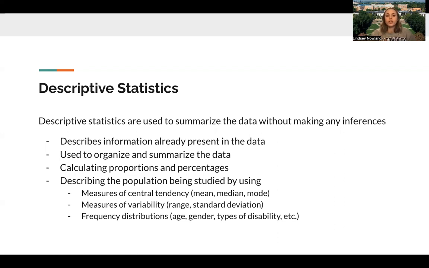You've got your range and your standard deviation, and then frequencies, or frequency distributions, which are your charts and graphs that display the frequencies of things like participants' age or their gender. Maybe it could be their type of disability. It all depends on what you're looking at, but you're describing the frequency of the participants within the study.